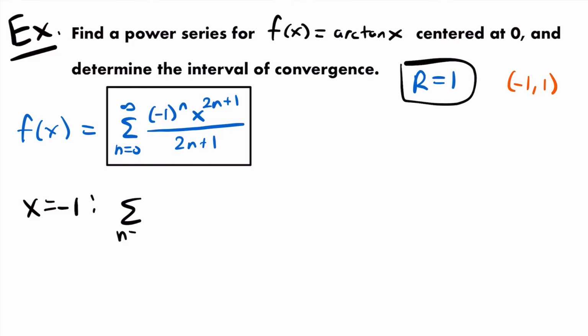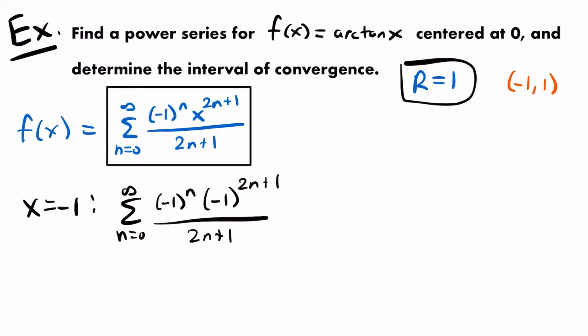We'll have the sum from n equals 0 to infinity of negative 1 to the power of n times negative 1 to the power of 2n plus 1 divided by 2n plus 1. We just replaced x with negative 1. Now to simplify, negative 1 to the power of 2n plus 1 is always going to be negative 1.